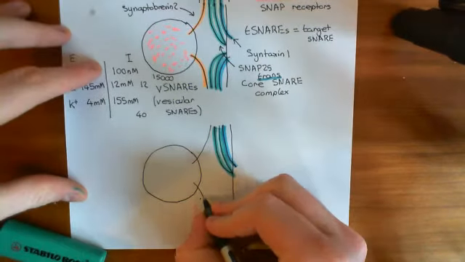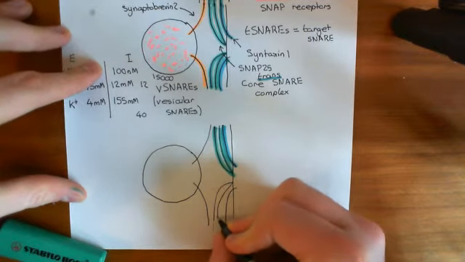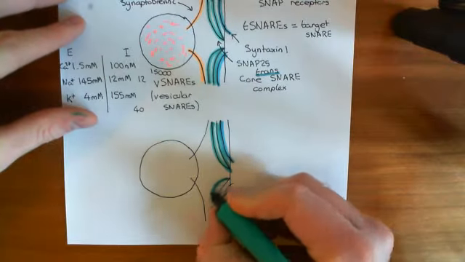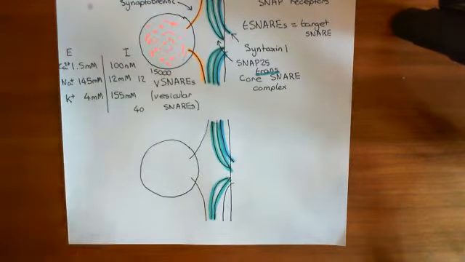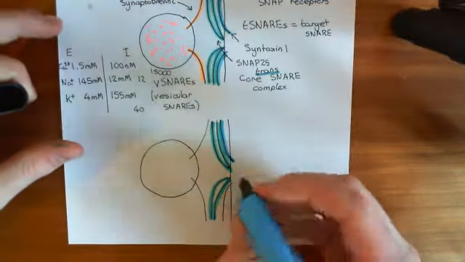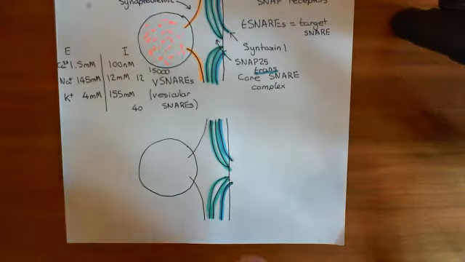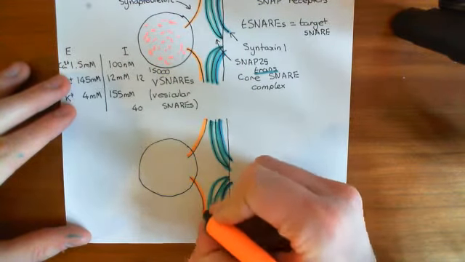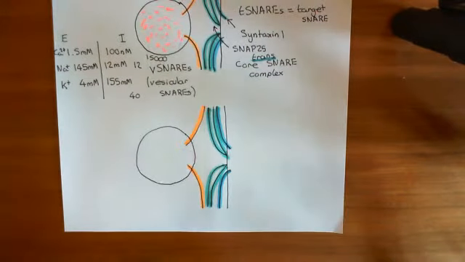So here's my other core snare complex. In turquoise we have the SNAP25 T-snare. In blue we have Syntaxin 1 protein, which is another example of a T-snare. And finally, the V-snare, in orange, is Synaptobrevin 2. So here we have our docked synaptic vesicle at the membrane of the axon terminal.